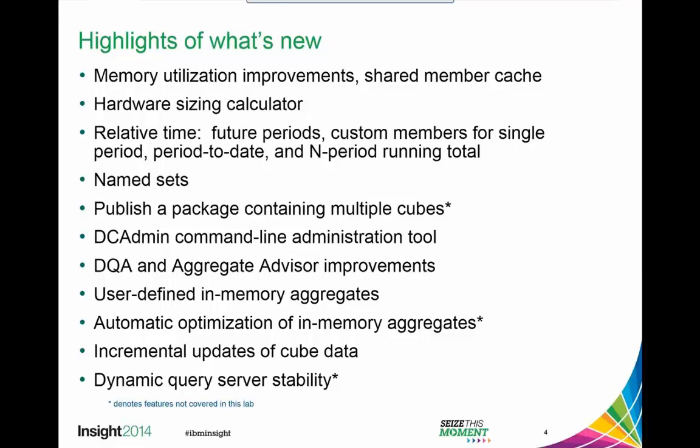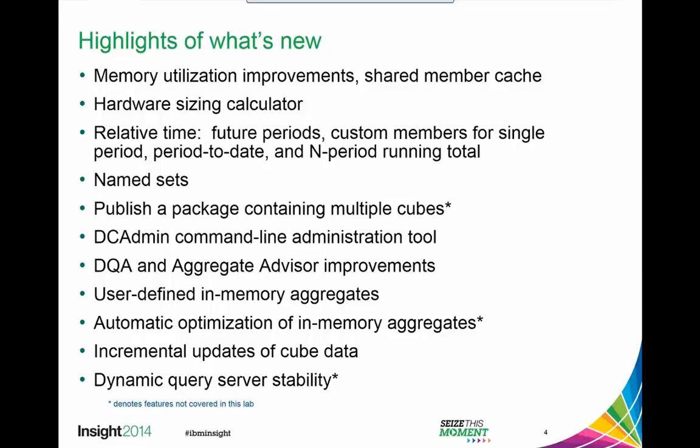So you can have one package that you're doing your reporting or dashboarding in and reference multiple different cubes. We've released a DC admin command line administration tool that's available on both Windows and Unix flavors. Basically, anything you can do in the admin console via the UI, you can also do via this command line tool.